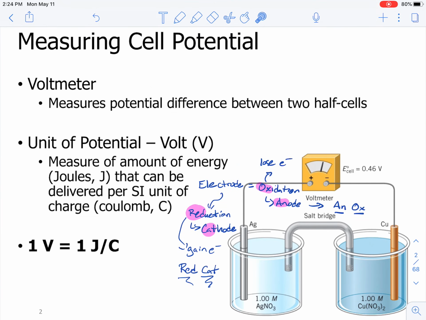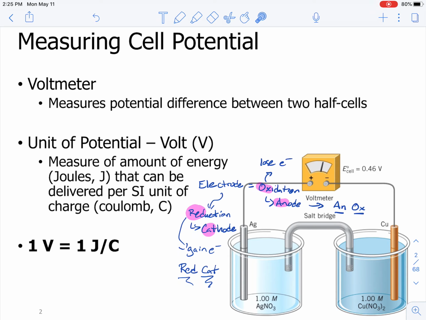The voltmeter simply measures the potential difference between two half cells and spits it out as one number. It measures the electromotive force of electrons transferring from one electrode to another, which is a measurement of the difference in potential that gives rise to an electric current.